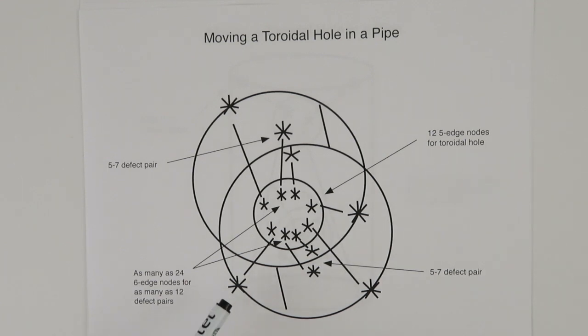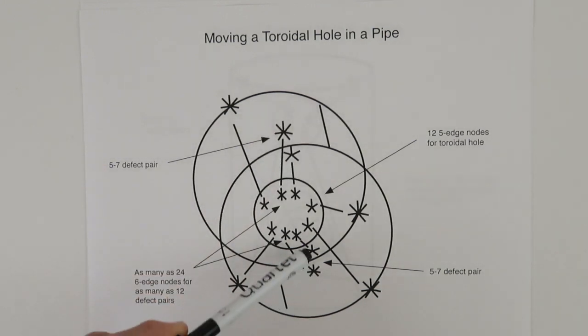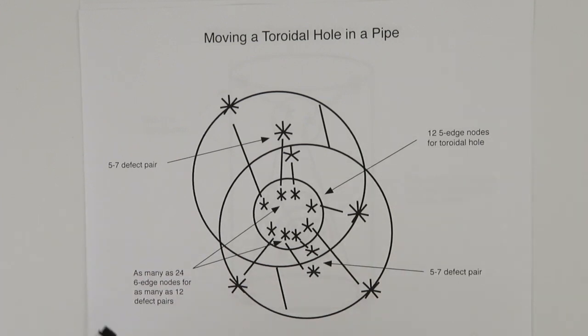Previously, we thought only of having the EDS edges go from the 12 7-edge nodes that form the curvature that allows the toroidal hole to exist. But now if we posit that there are sets of defects on the periphery, there can be as many as, let's say, 12 defects. I don't know the number.